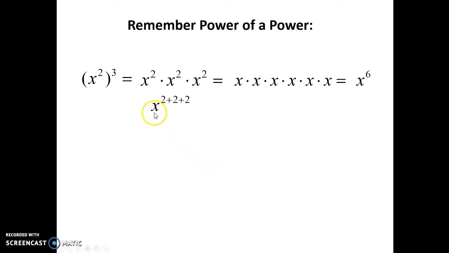Here I've got x raised to the 2 plus 2 plus 2 power. I don't even know why I put that in there. Oh, I know why I put that in there. We do have a rule that says if you're multiplying 2 exponents together and the bases are the same, you add your exponents.